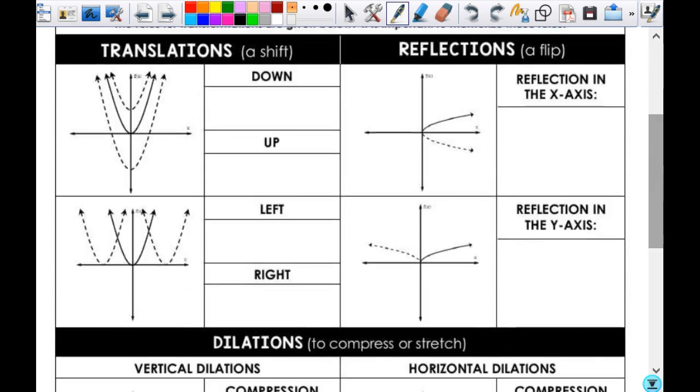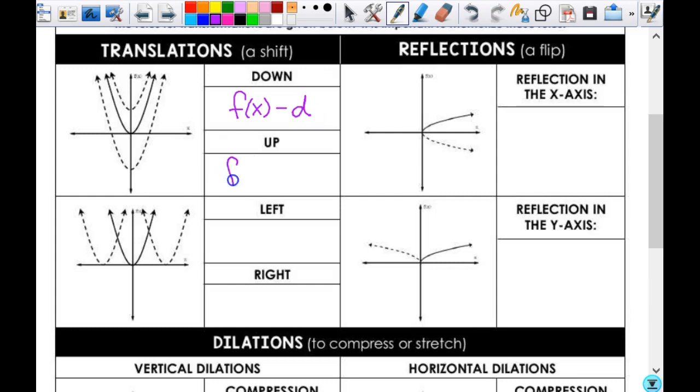When you translate it, which can also be called a shift, but it's a translation, up and down, that's a change of which value, x or y? Y. So if I'm going to shift it down, my y value, which is f of x, would be minus what letter? D, right? Minus d.